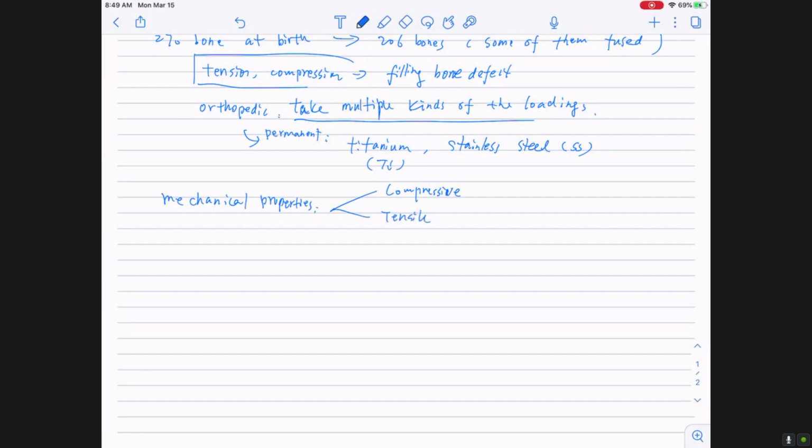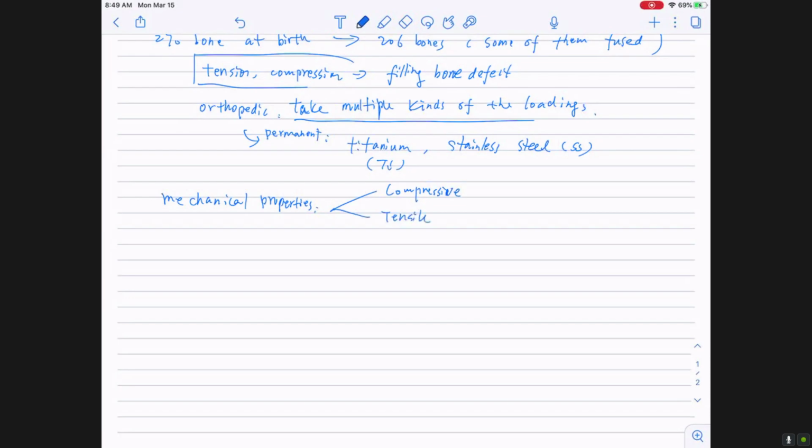Fracture strength generally means the maximum stress that can be sustained before some fracture or failure happens.